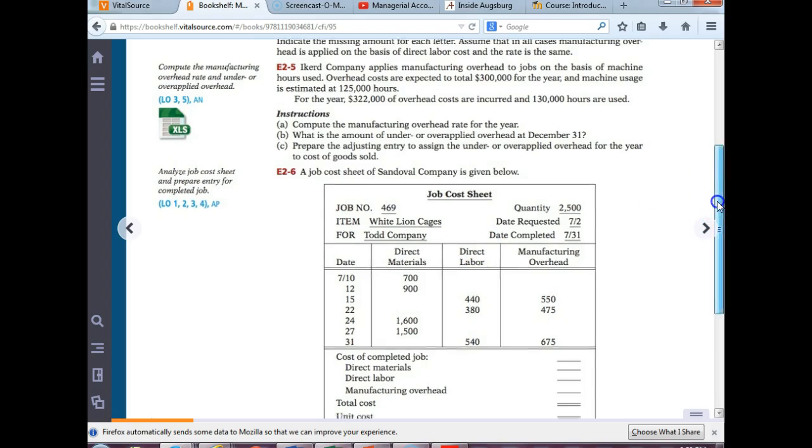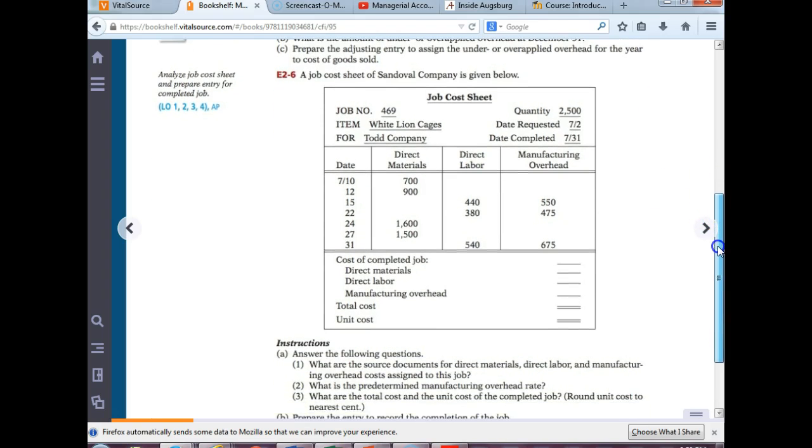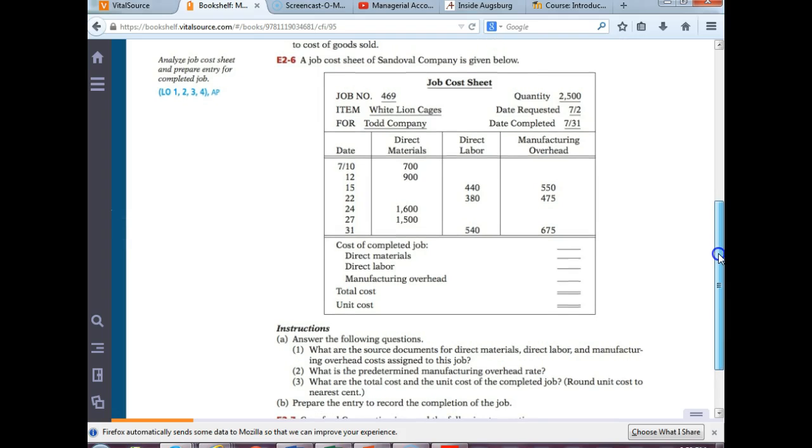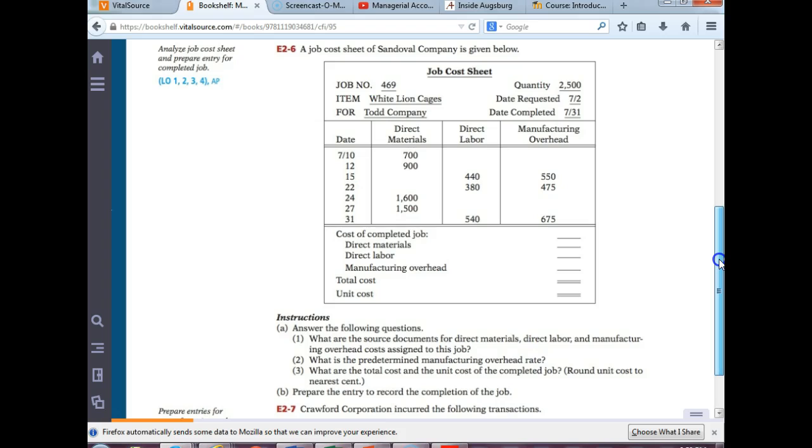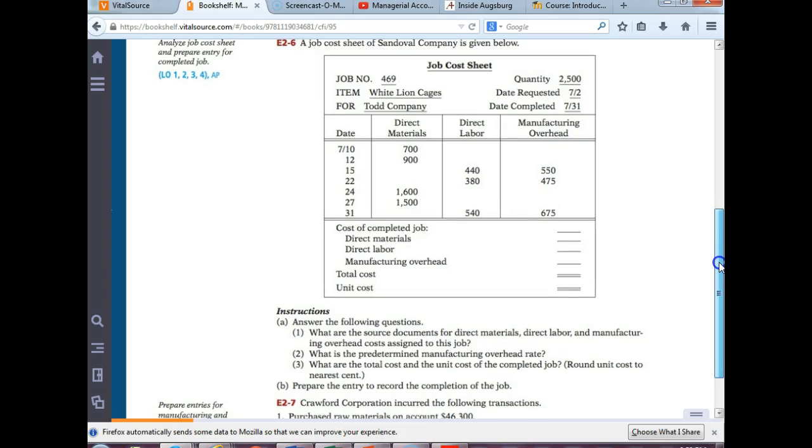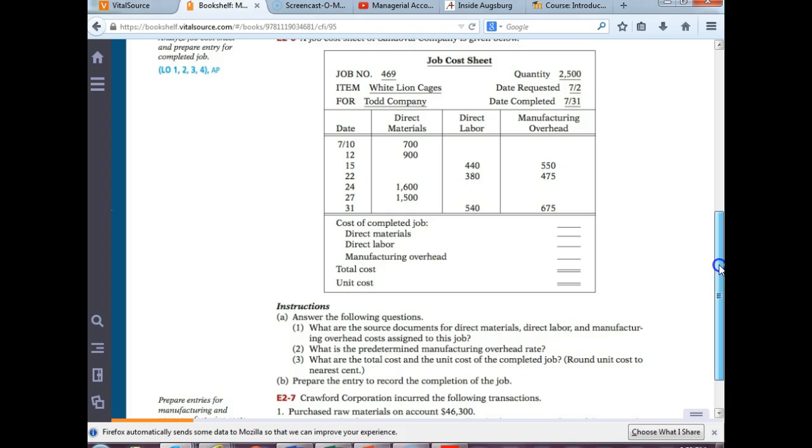E6. A job cost sheet of Sandoval Company is given below. It gives us our direct materials, our direct labor, and our manufacturing overhead. What are the source documents for direct materials, direct labor, and manufacturing overhead costs assigned to this job?